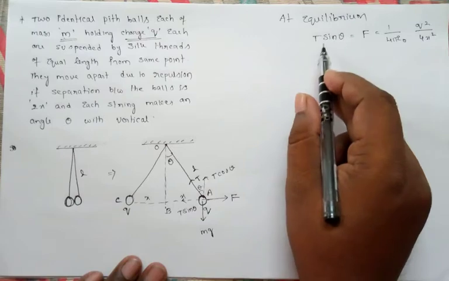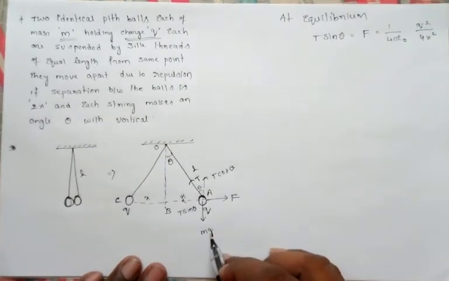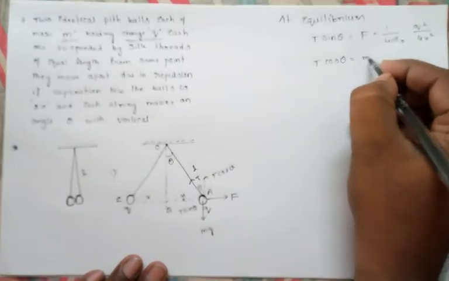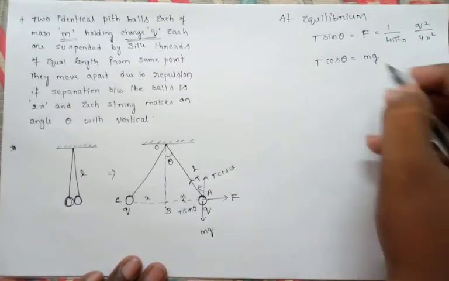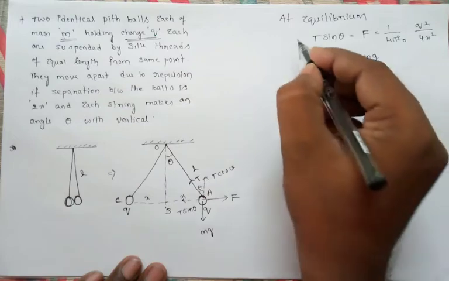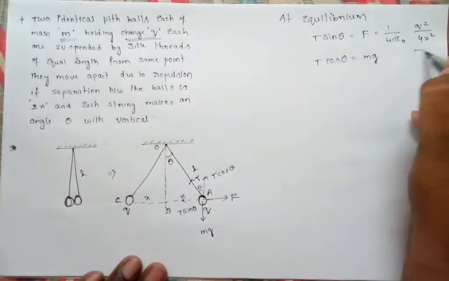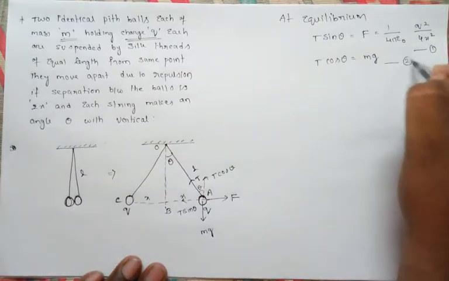And next, T cos theta is balanced with the weight, so T cos theta is equal to mg. Then if you divide these two equations, let you take this as 1 and this as 2.